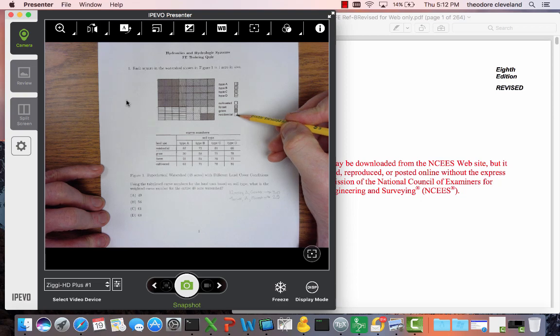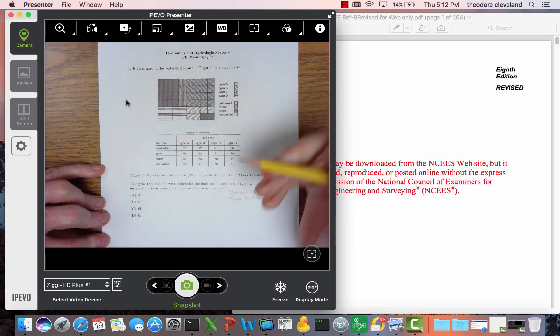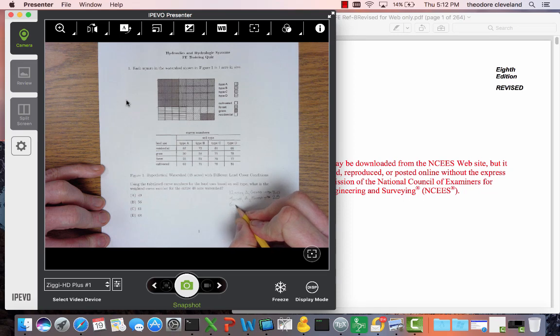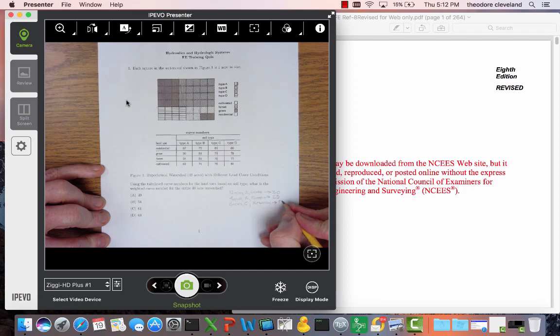We have this residential type C, 1, 2, 3, 4, 5, 6. 6 acres, C, residential. So C, residential is 81.